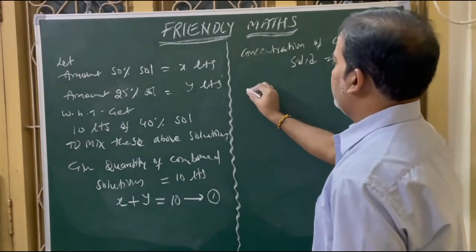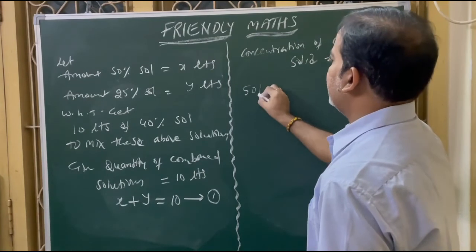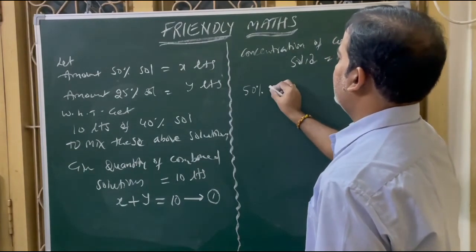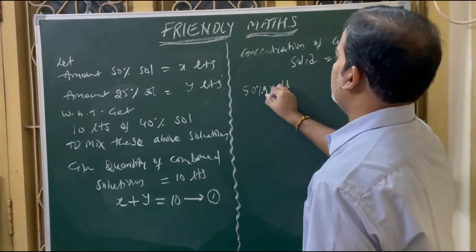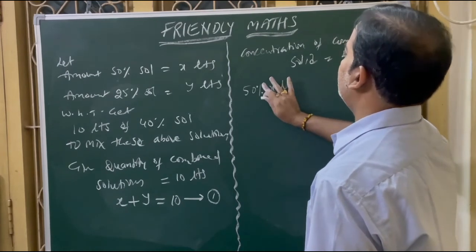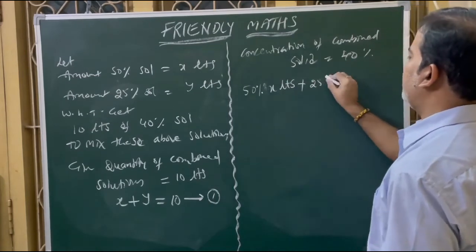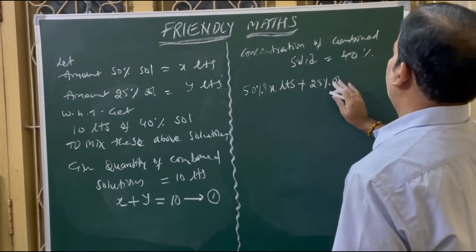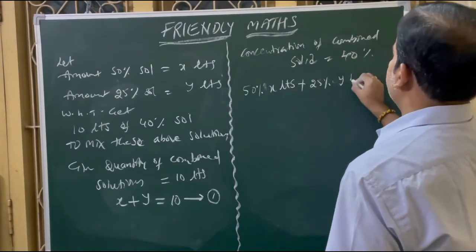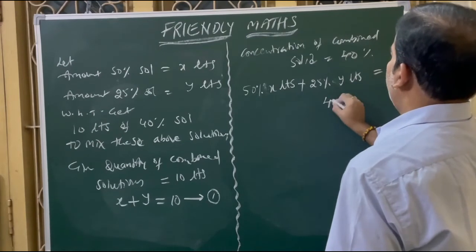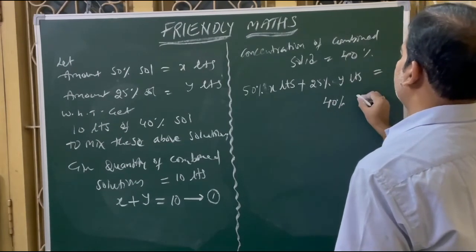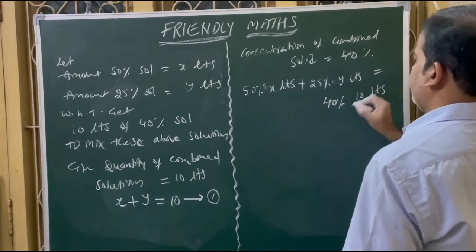And now, what am I adding? 50% concentration of X liters plus 25% concentration of Y liters is equal to 40% concentration of 10 liters. Okay.